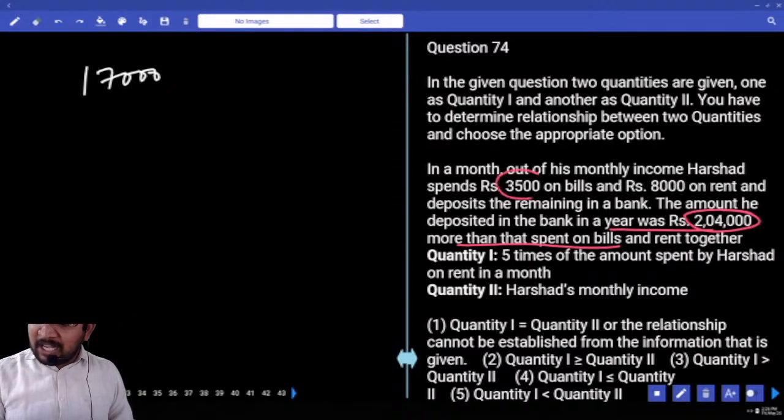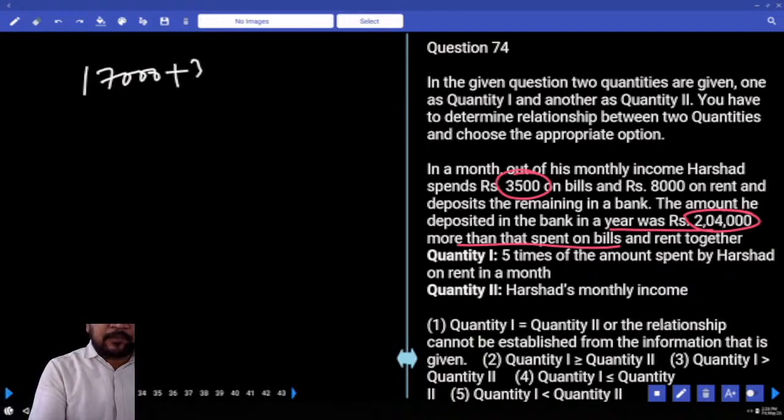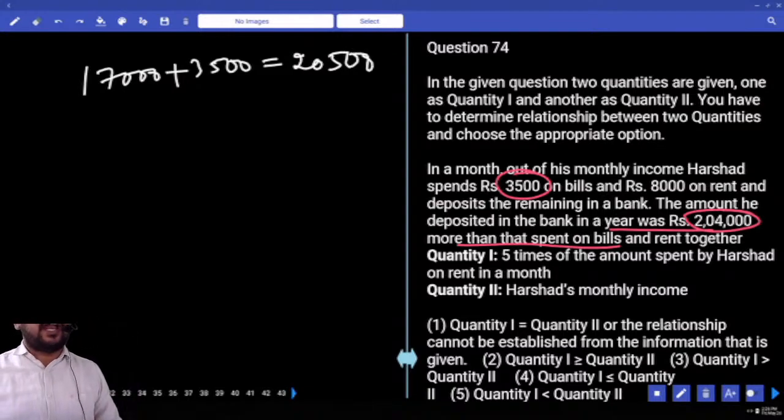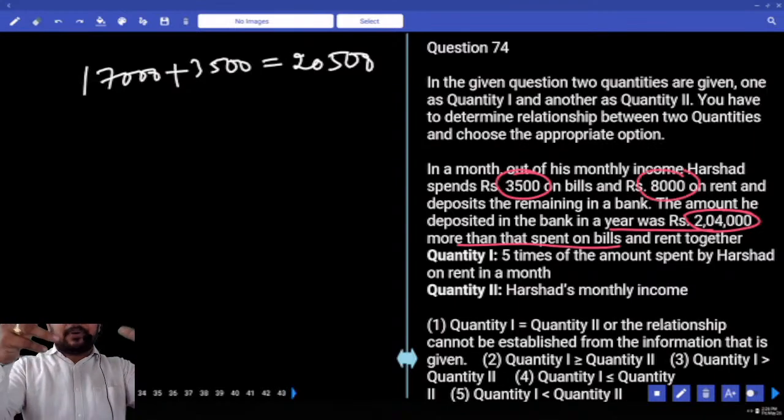Spent on bills is how much? 3,500. Therefore together it is 20,500. These 20,500 they deposited in the bank, after spending 3,500 and 8,000 on the remaining expenditure.